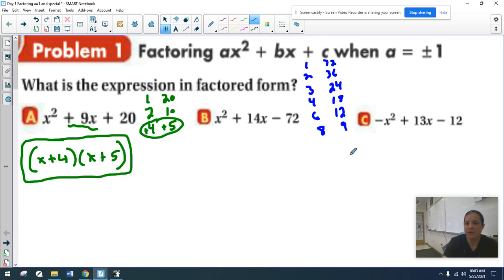Okay, so these are all my factors. Then I start overlapping with the numbers so I know I'm done. So these are all my factors of 72.